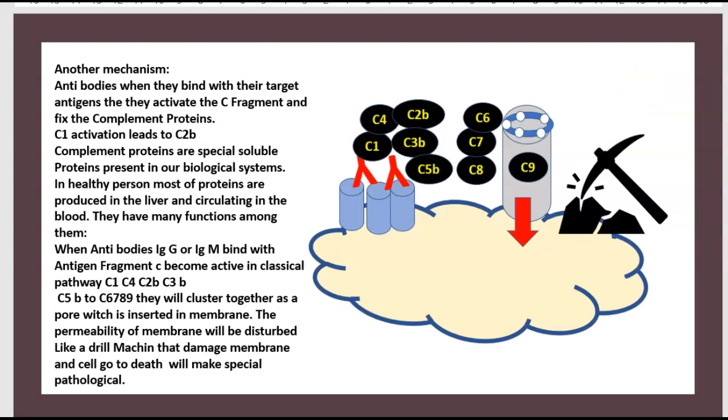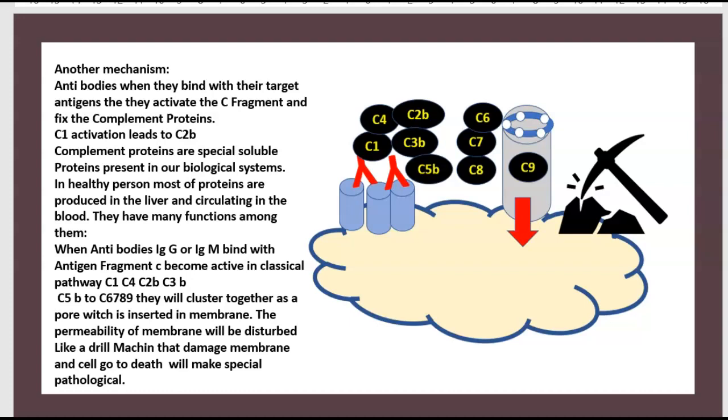Complement proteins are special soluble proteins present in our biological system. In a healthy person, most of these proteins are produced in the liver and circulate in the blood. They have many functions. When antibody IgG or IgM binds with antigen, the Fc fragment becomes active in the classical pathway with C1, C4, C2b, and C3b.